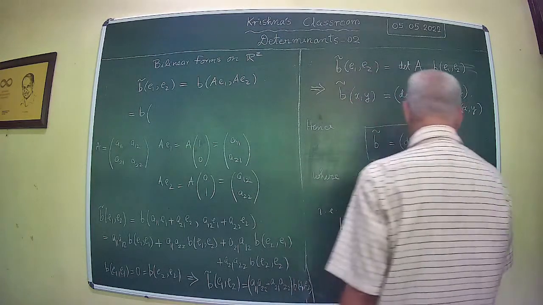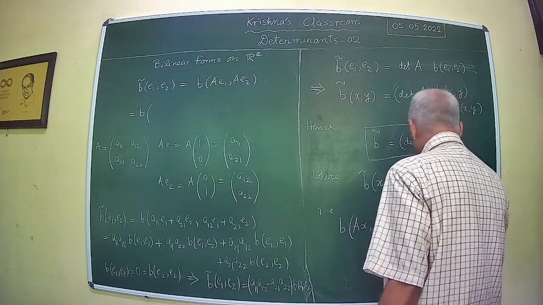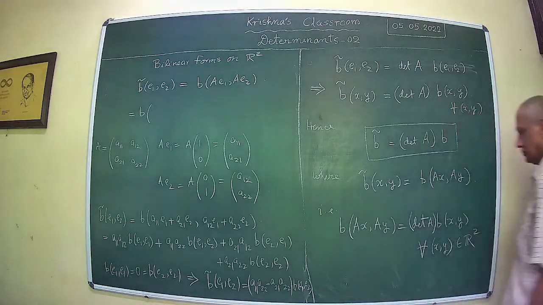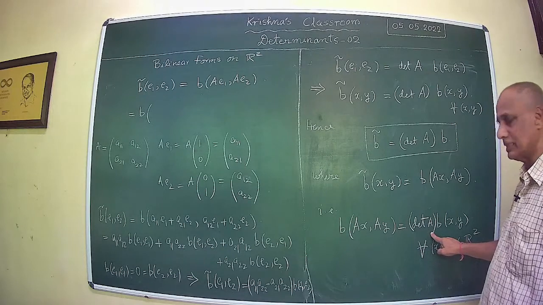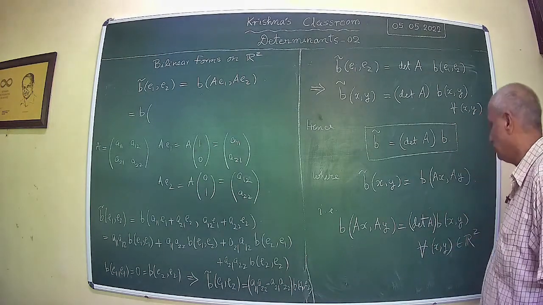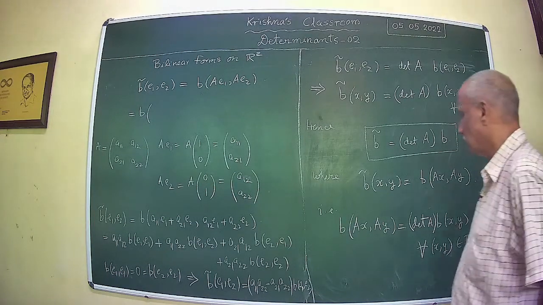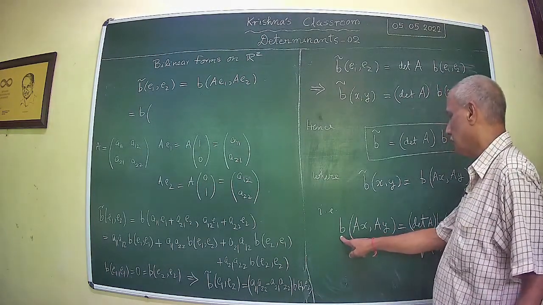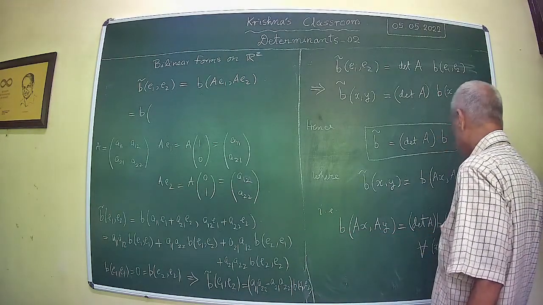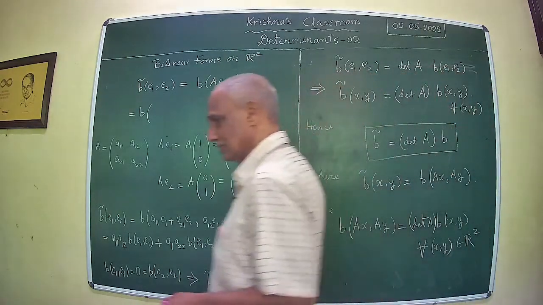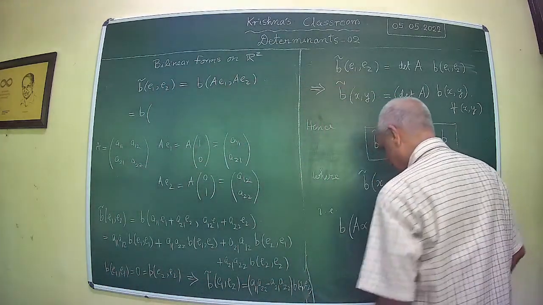Okay, so the determinant of A comes up in a very natural way here. Okay, so the determinant of A is nothing but the scalar multiple involved when you write the alternating form B Ax Ay as a multiple of Bxy. This is the relationship. Okay, so this is the major result that you have.